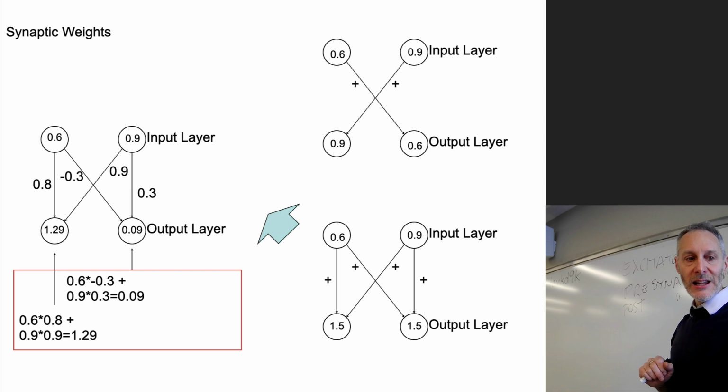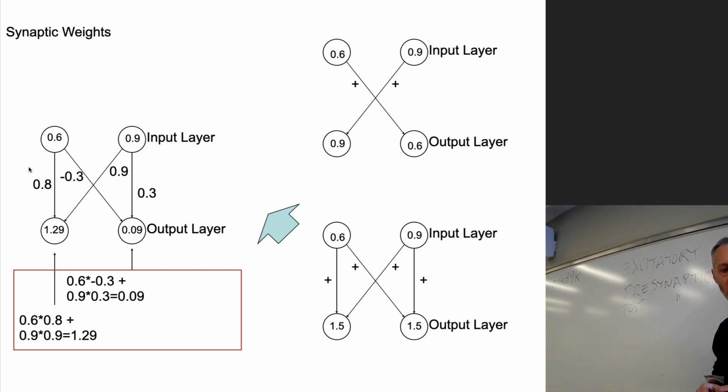Okay, let's keep going. Let's add a few more details here. Now we're going to talk about synaptic weights. Up till now, we've just been talking about excitatory synapses. If you've ever taken a neural network course or a tutorial, you'll know that there is a label associated with every synapse in an artificial neural network. Usually these labels are floats that can be either positive or negative.